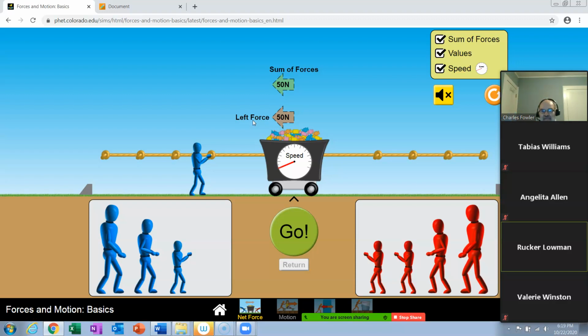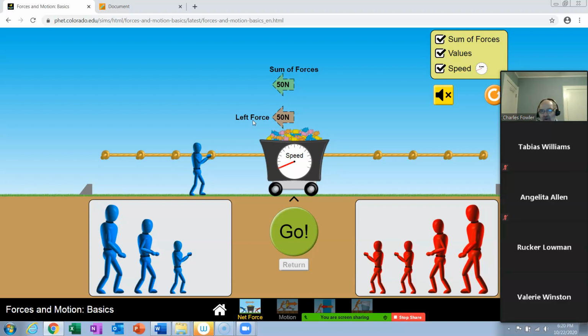Yes or no? Okay, you're absolutely right. If there's a net force, sum of forces, you're going to have an acceleration. In what direction? To the left. Excellent, you got it.